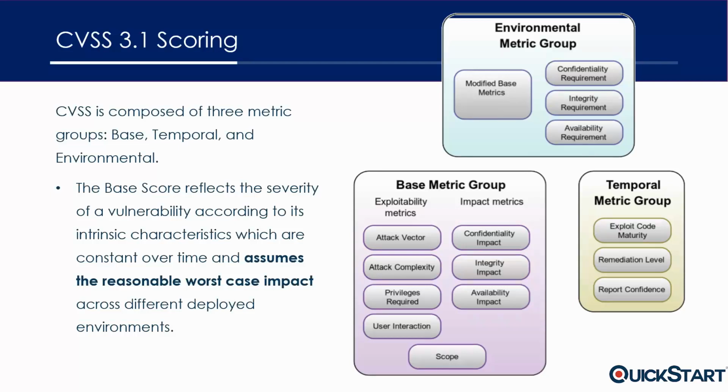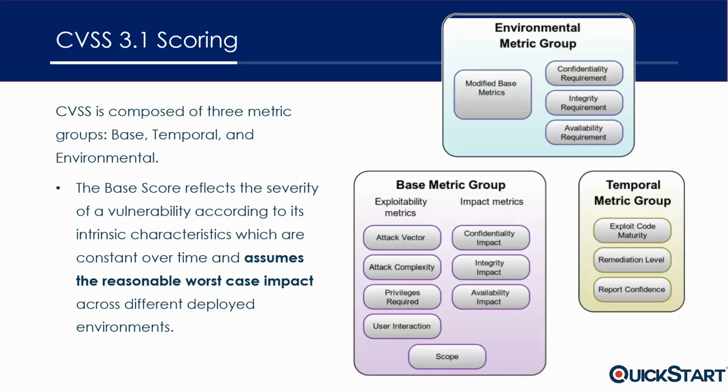You'll lay the next scoring group on top of it, which will give you a different score, and then you'll lay your last scoring group on top of that, and it'll give you your final score, right? Now, the calculator does make some assumptions, and the core assumption is that the reasonable worst case impact is true, okay? So it's only going to deal with the worst case of this being exploited.